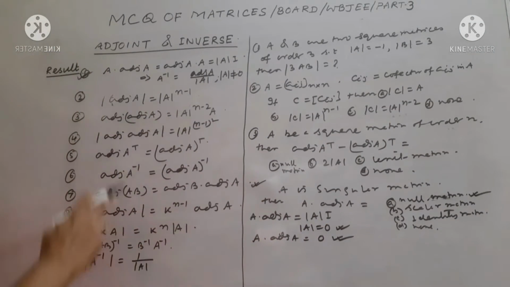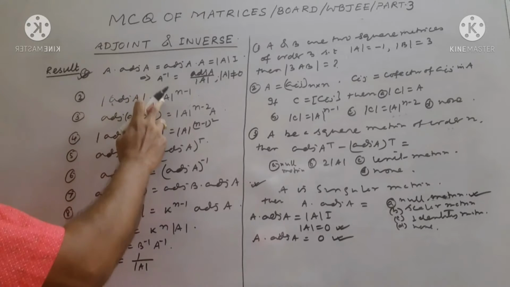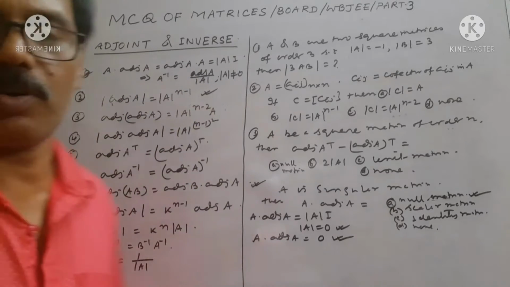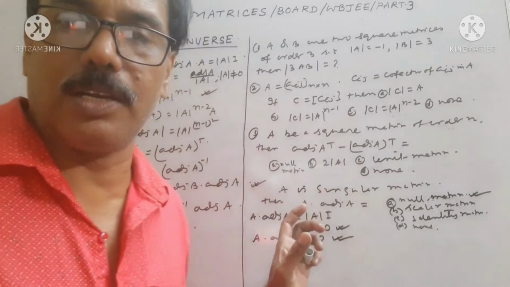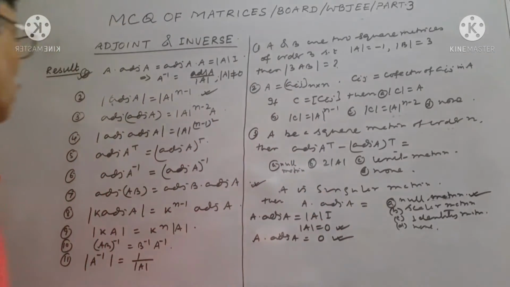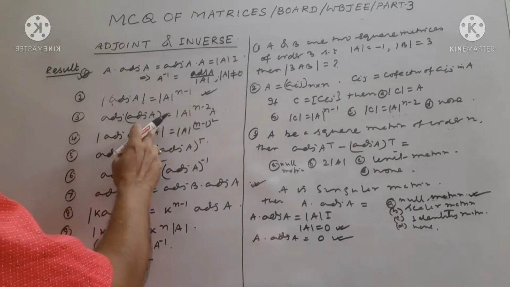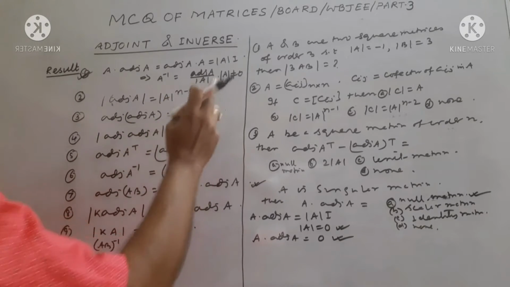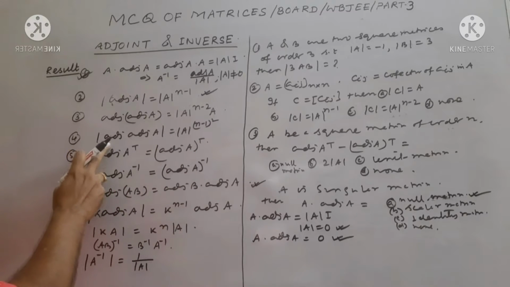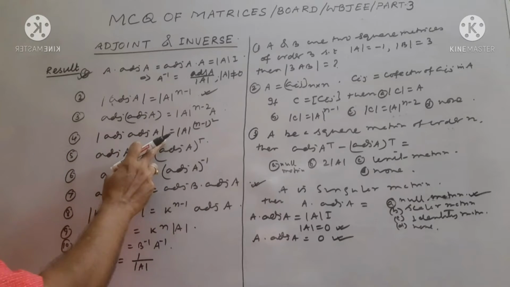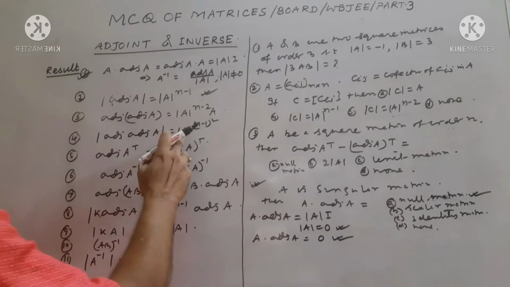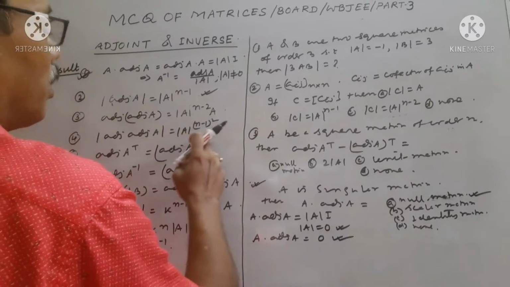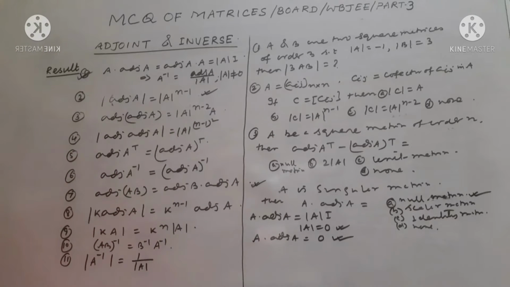Next, adjoint of A, determinant A to the power n minus 1. I am not giving the proof. You can consult any standard book. Adjoint of adjoint A equals determinant A to the power n minus 2 into A. Determinant of adjoint of A equals determinant A to the power n minus 1, whole square.